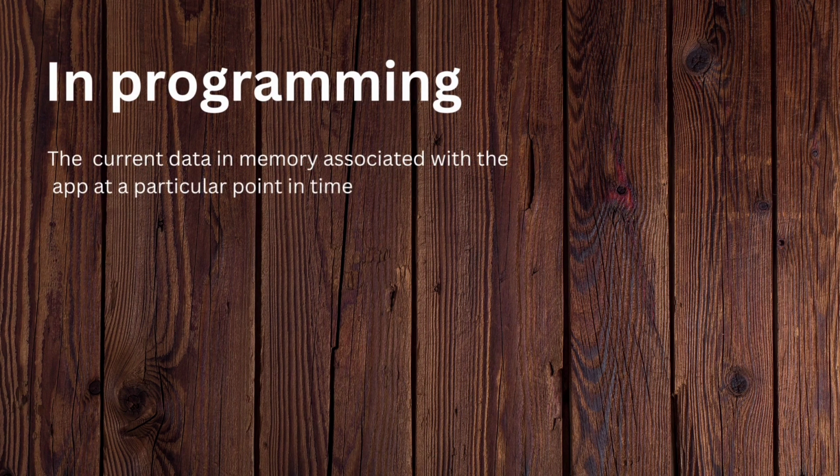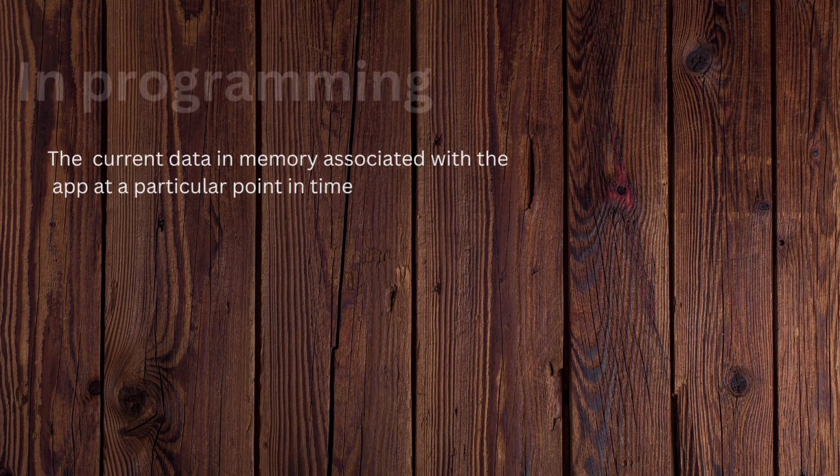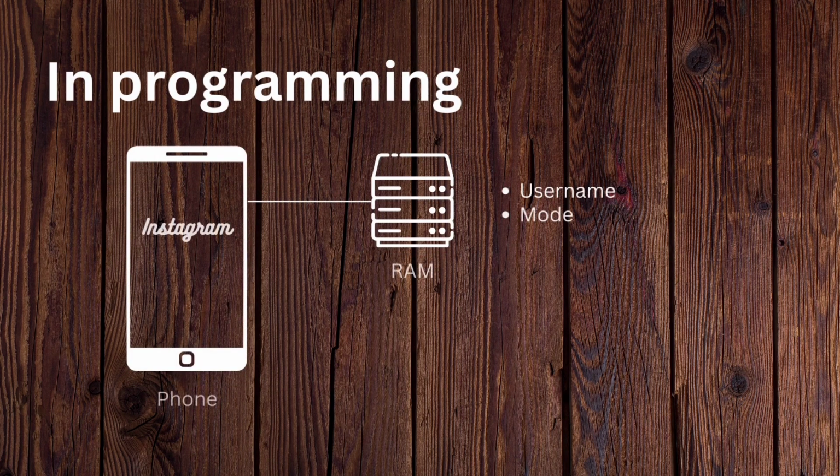Now, when we go into programming, state is the current data in memory associated with the app at a particular point in time. So, what does this really mean in essence? When you launch your app, for instance, Instagram on your phone, usually there's an initial data that is loaded into your RAM so that the app can actually display itself.